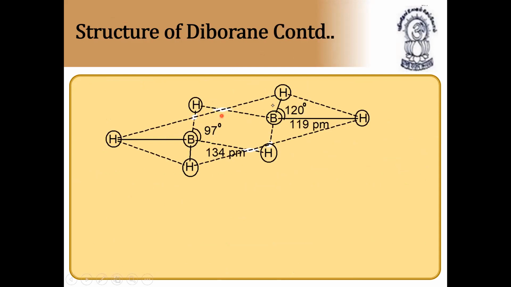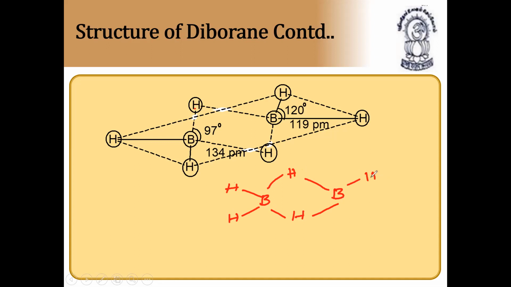If you see the structure carefully, two boron atoms will be present like this, and these two boron atoms are linked by means of bridging hydrogens. These other hydrogens are called terminal hydrogens.